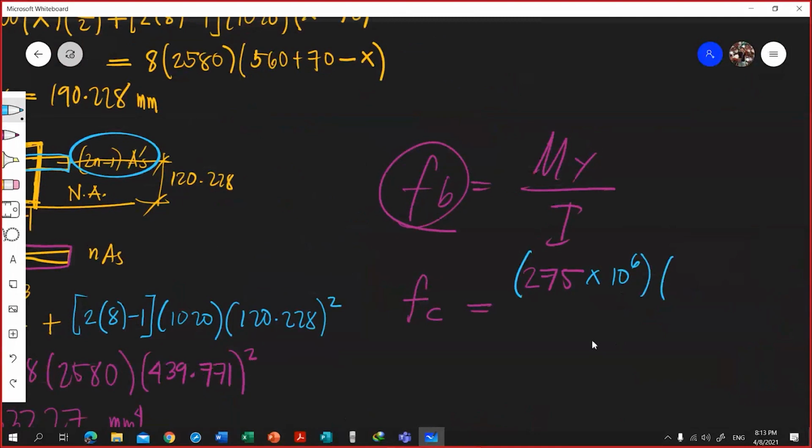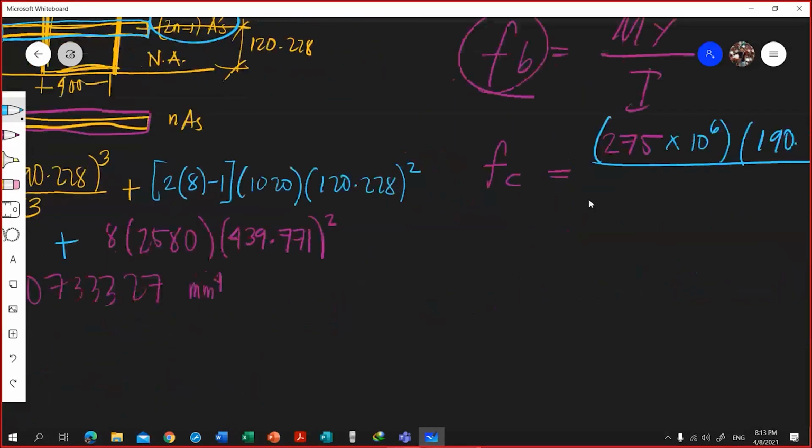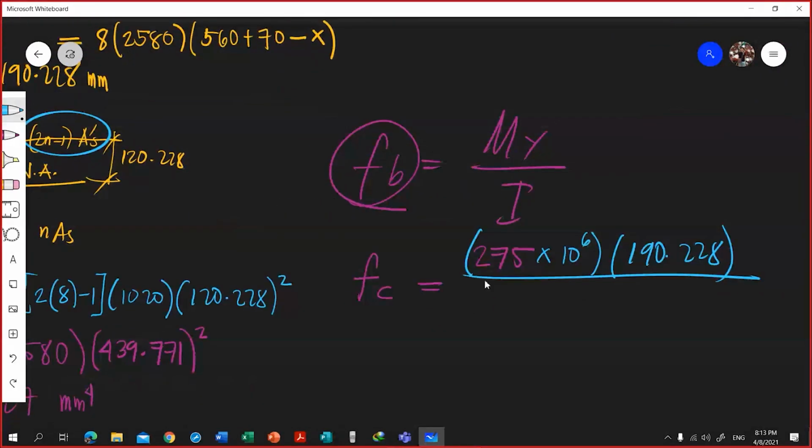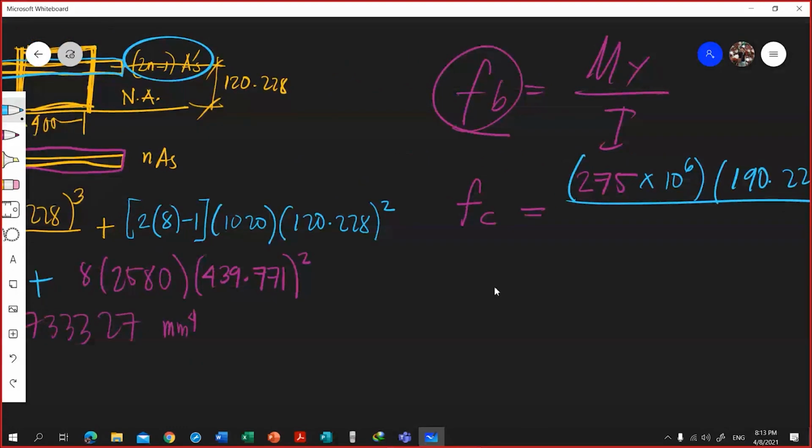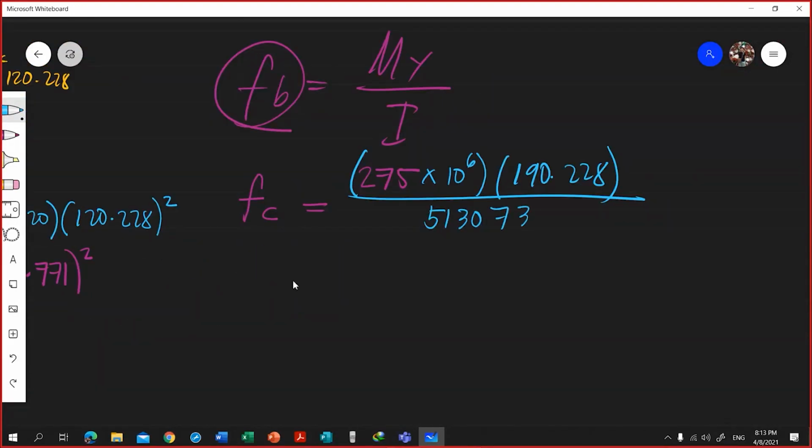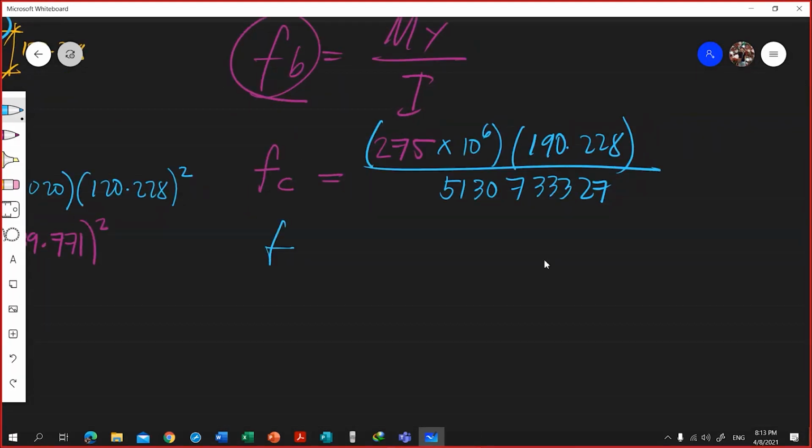So it is 190.228 all over your moment of inertia, ICR, which is 5130733327. What's the value of your FC?